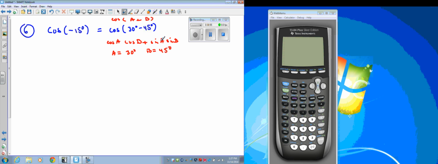If I use this equation, the sine of A plus B equals cosine A cosine B minus sine A sine B, then I would use A as 30 degrees and B as minus 45 degrees.